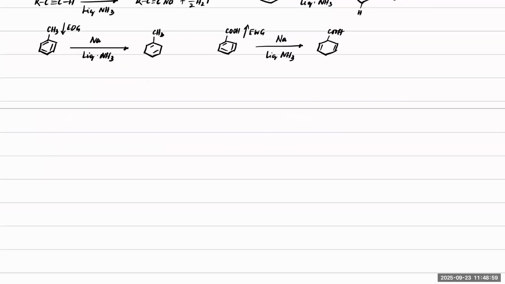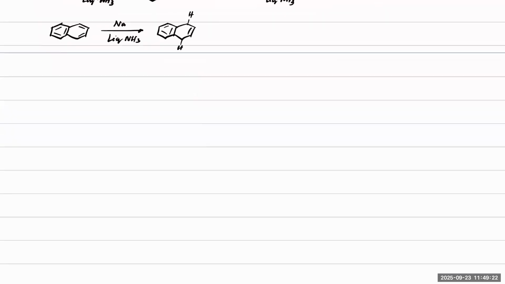In fact, last thing we can also do it for naphthalene. So suppose if you have a double bond like this here, if sodium and liquid ammonia is given, in this case you will get this added and H will get added on this position. Okay, right. So this is about the Birch reduction, guys.